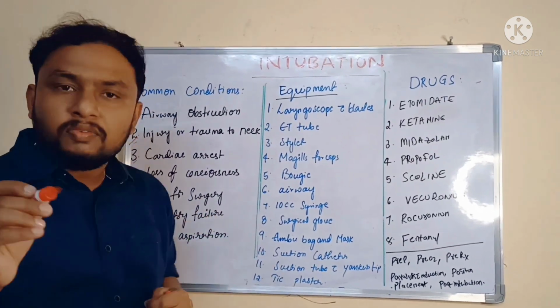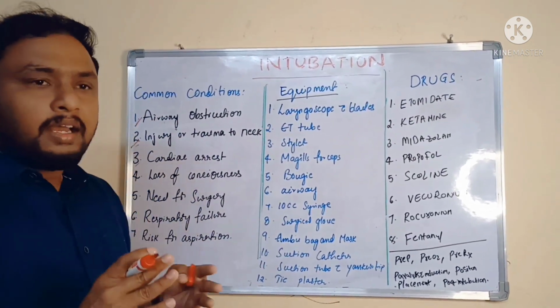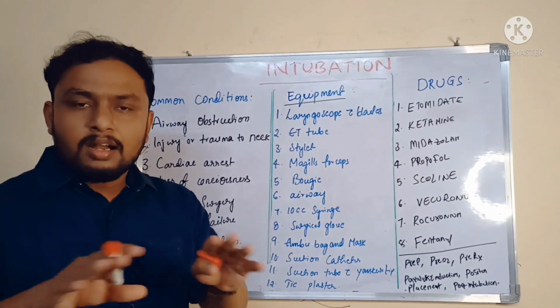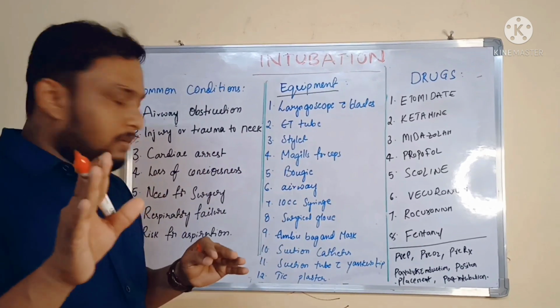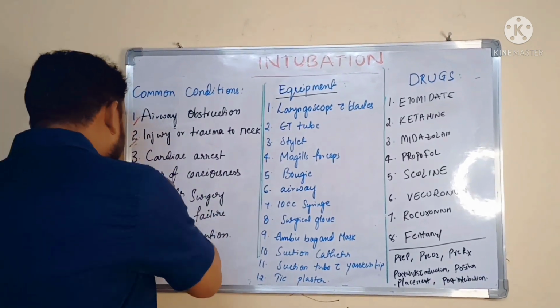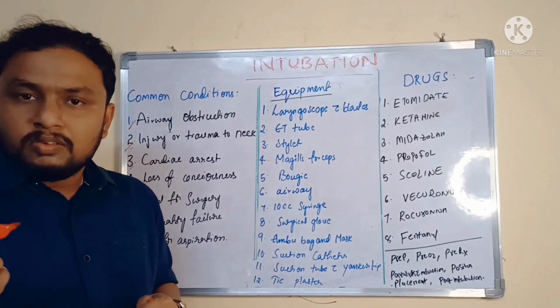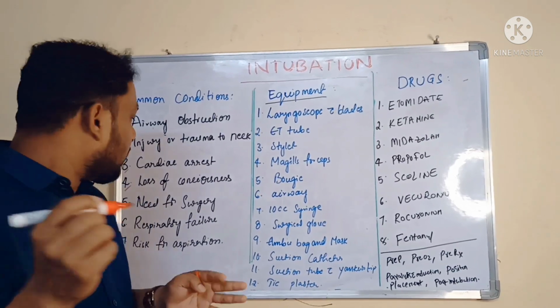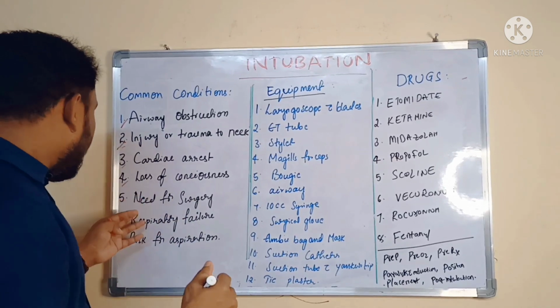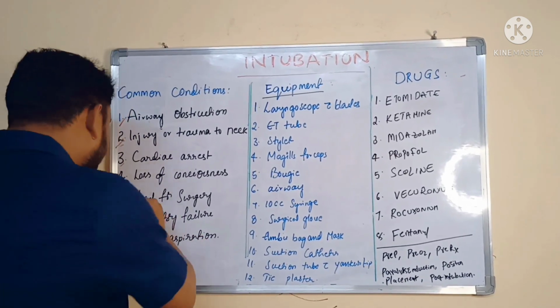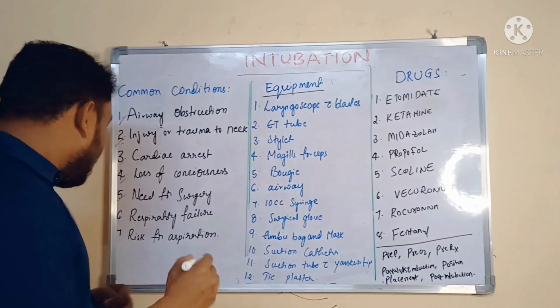And in cases of cardiac arrest, which means the person's heart has completely stopped working. Then loss of consciousness, when the GCS score is very low. Need for surgery, when the patient requires surgery.